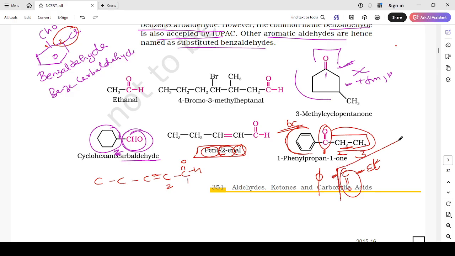But among them, I tend to prefer to call it as propan-1-one because it is three carbon system. With the carbon at the first position, at the same carbon, benzene is also substituted. Whenever benzene is another substituent present here, then I call that benzene as phenyl. 1-phenylpropan-1-one.